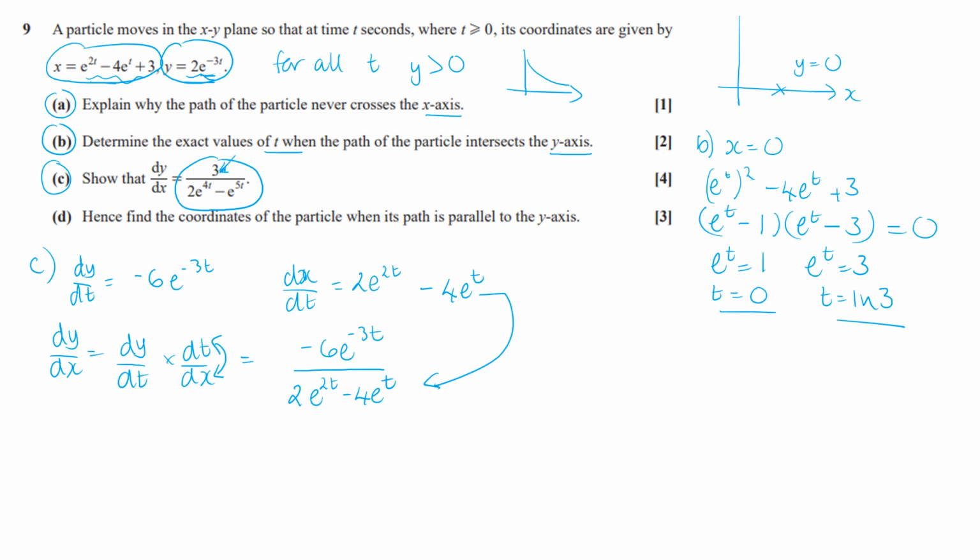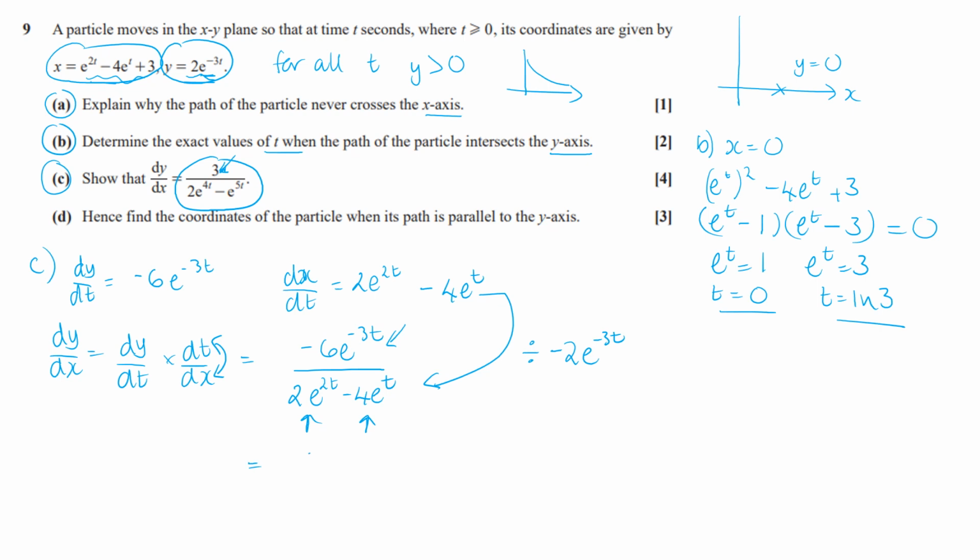So if we look at our numerator here, how are we going to get a 3 there? Well, what we need to do to all the terms, the top and both of them on the bottom, is we need to divide by minus 2e to the minus 3t. So can you see that will cause us to have a 3 in that numerator?